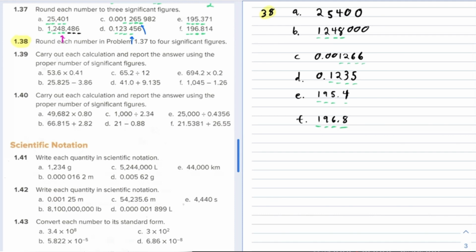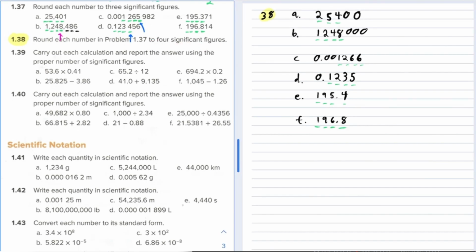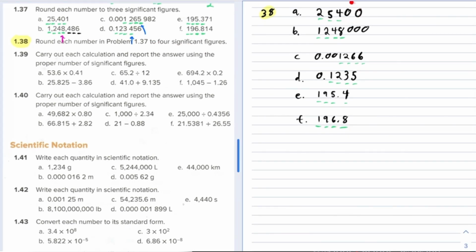But now, when you look at the number you're left with, 1, 2, 3 sig figs, and you're not supposed to count the zeros at the end if you do not see the decimal point. So this looks like a 3 sig fig number, but the problem said we're supposed to round to 4 sig figs. I know from my sig fig rules that I don't count the zeros at the end. So how do you remedy this situation? Well, you put it in scientific notation: 2.540 times 10 cubed.